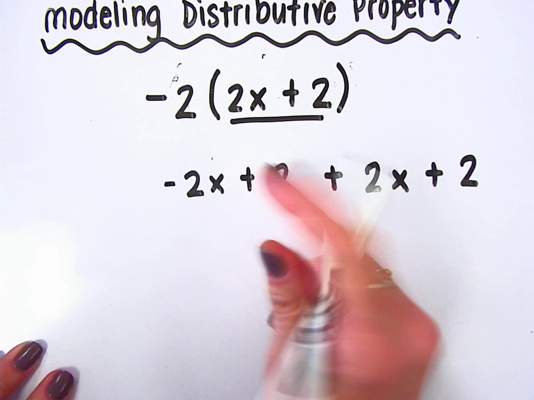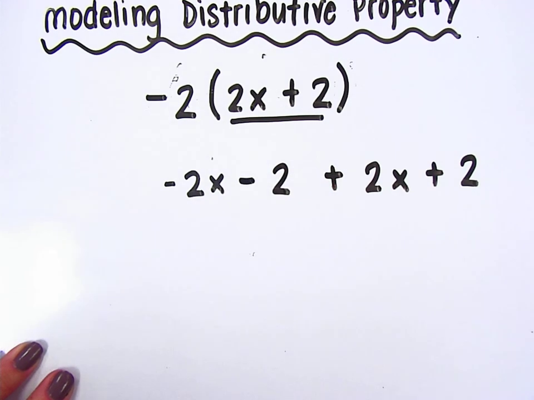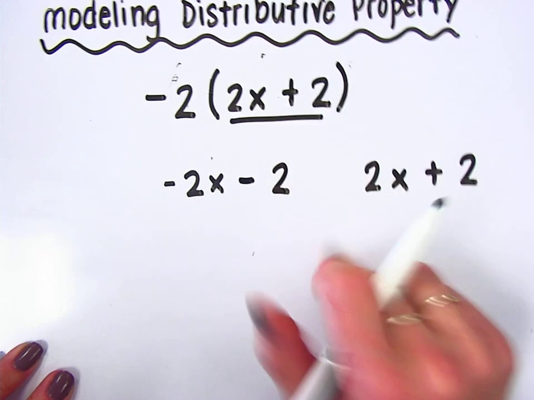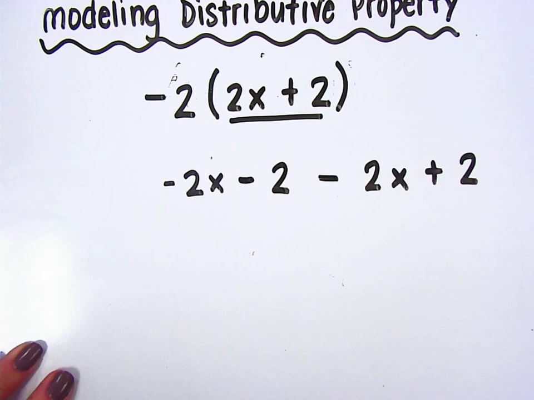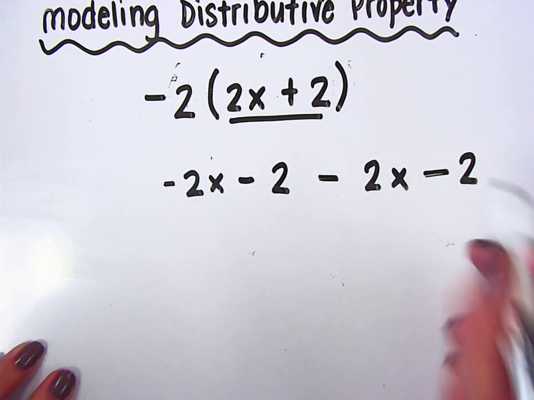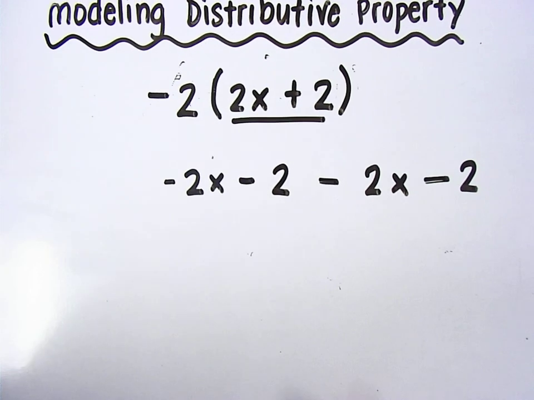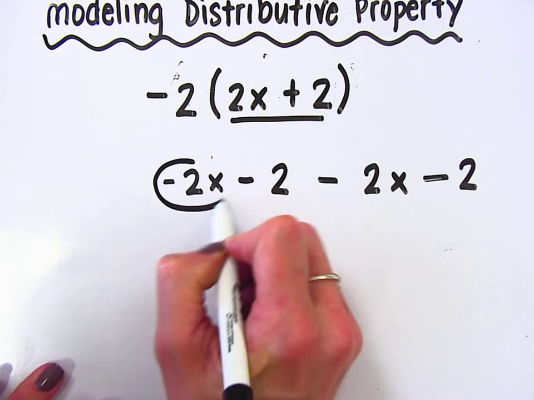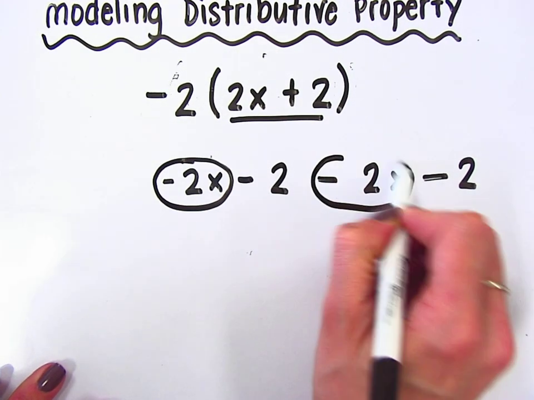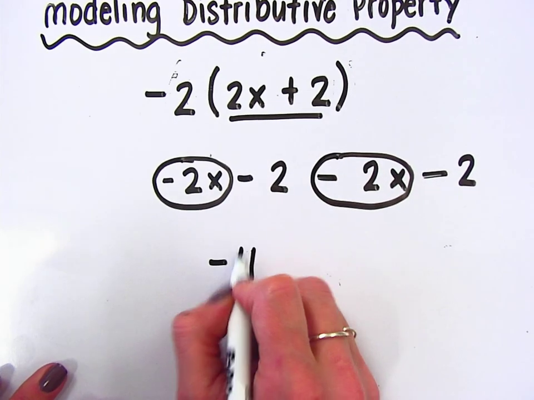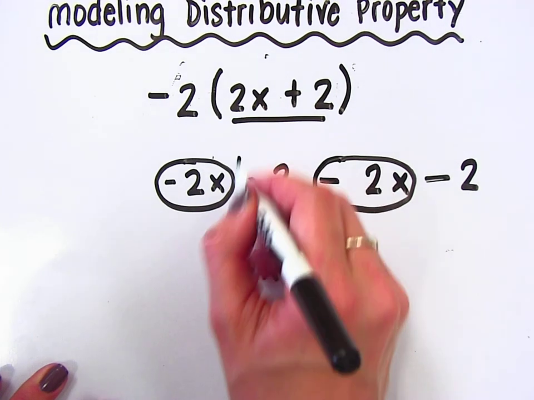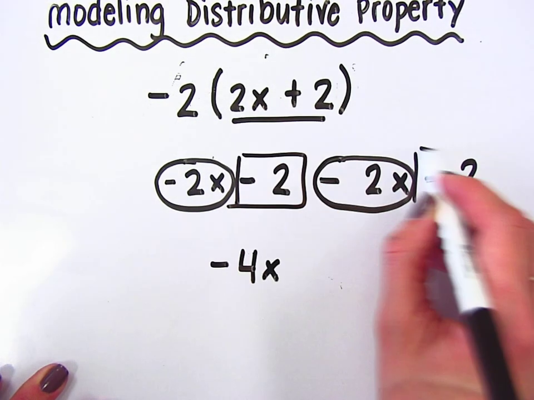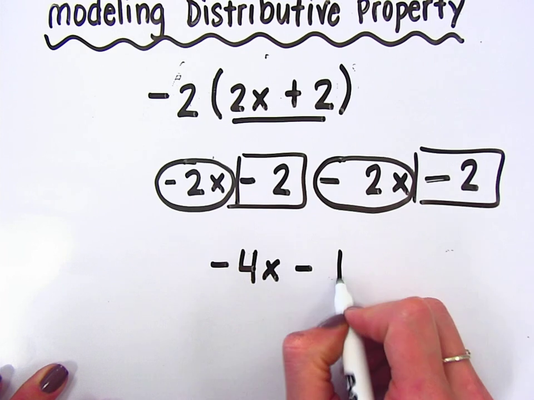The opposite of adding 2 is subtracting 2. Again, the opposite of 2x is negative 2x, and the opposite of adding 2 is subtracting 2. So now I've taken the opposite sign for each of these terms, and I can go about combining my like terms to simplify. Negative 2x combines with negative 2x for negative 4x, and negative 2 combines with negative 2 for negative 4.